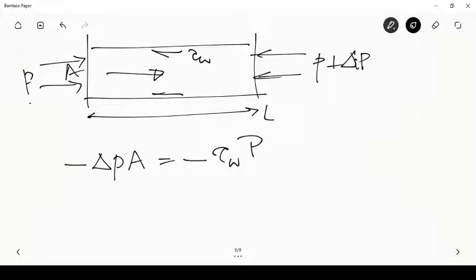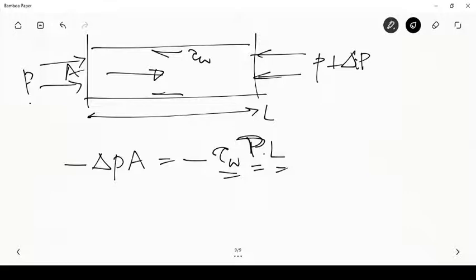I'll write it with a capital P, perimeter P multiplied by the length. So the shear stress multiplied by the perimeter into the length, that force, taking the force in the negative x direction, will be equal to the difference between the pressure forces at the two ends.